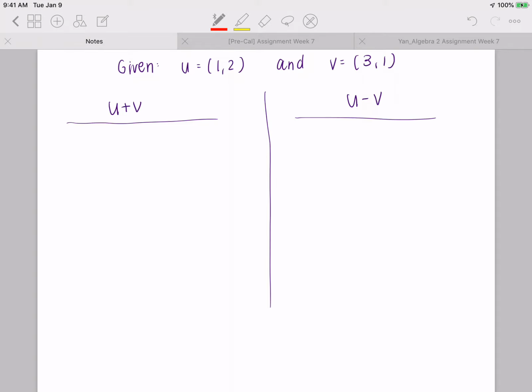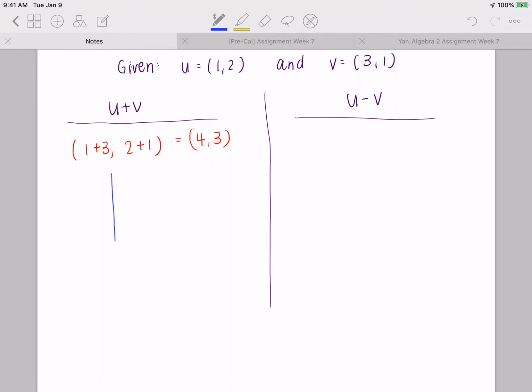So for the computation, we're going to be adding our 1 plus 3 and then our 2 plus 1, because we got to add these two first and then we'll add the last ones. Okay, so add them together, then we'll get 4 comma 3 in parentheses.